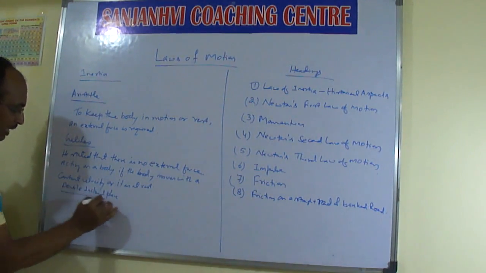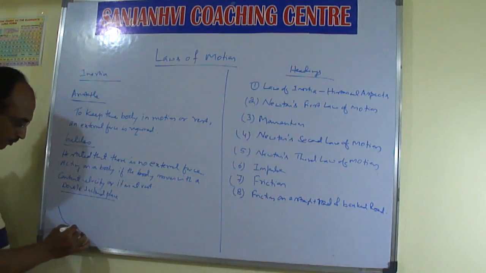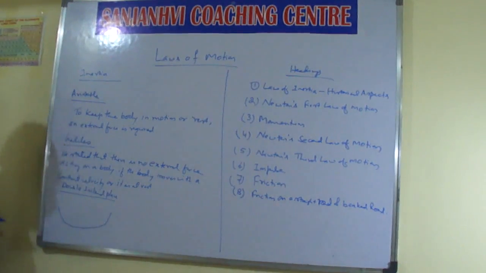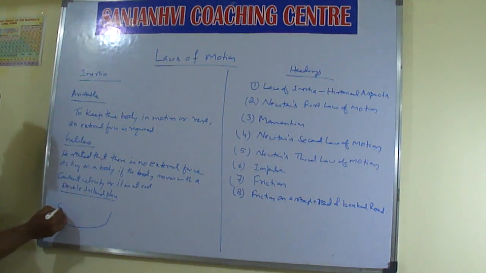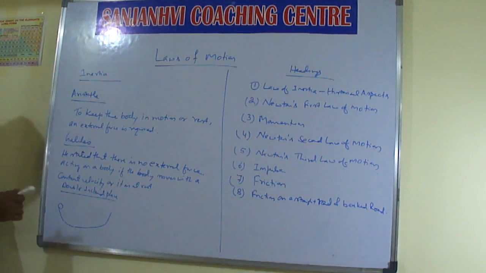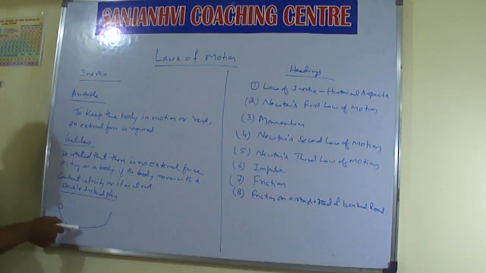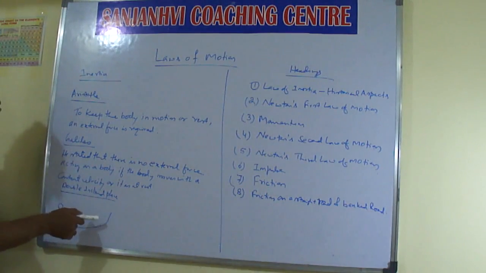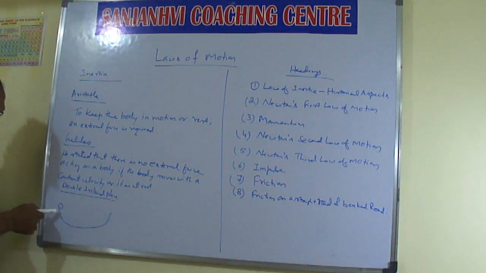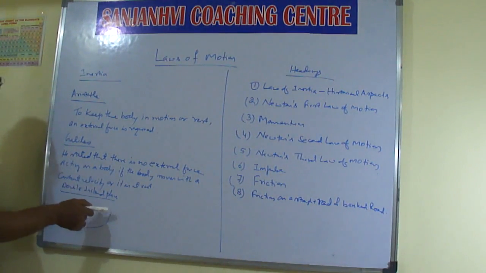So what is this double inclined plane? It means this type of plane. This is one of the inclined planes, and this is another inclined plane.